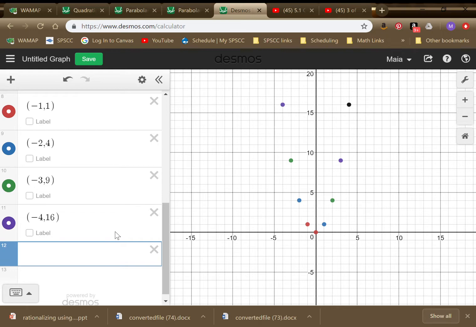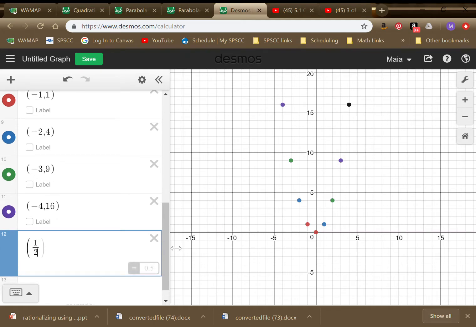I do want to point out something interesting. Ignoring the positive and negative, when you take a number bigger than 1, like 2 or 3 or 4, and you square it, you get an even bigger number. So if you think about y equals x going through here, notice these y values are much bigger because squaring them is making them grow bigger. That's not true of all numbers, and you might not realize this if you don't think carefully.